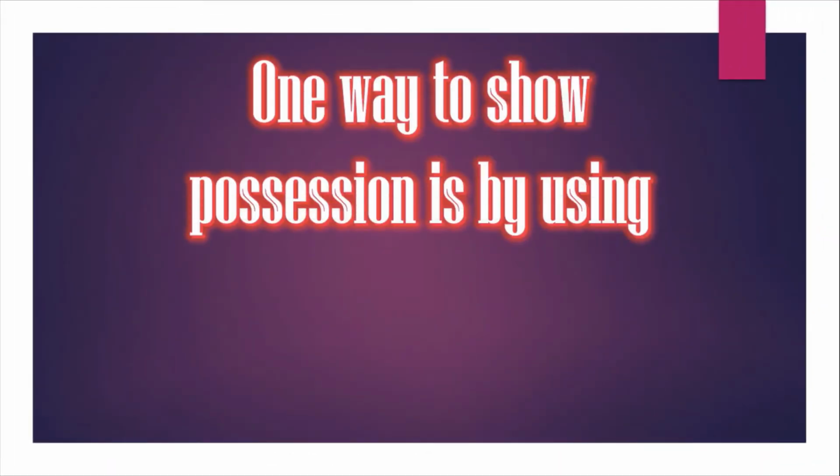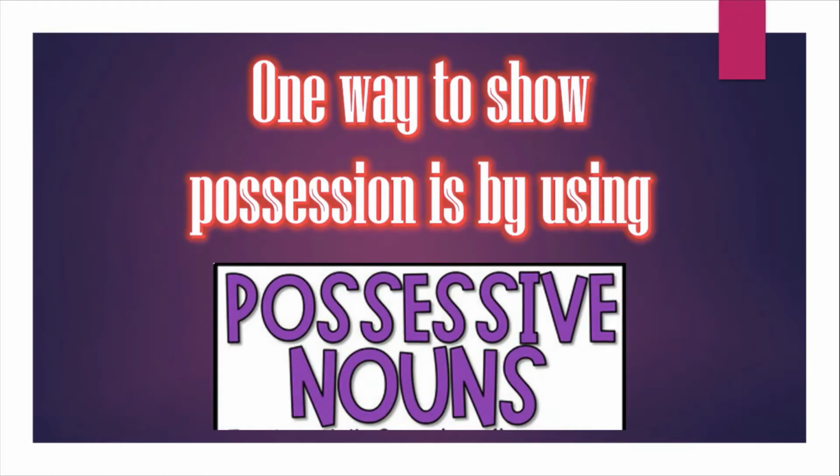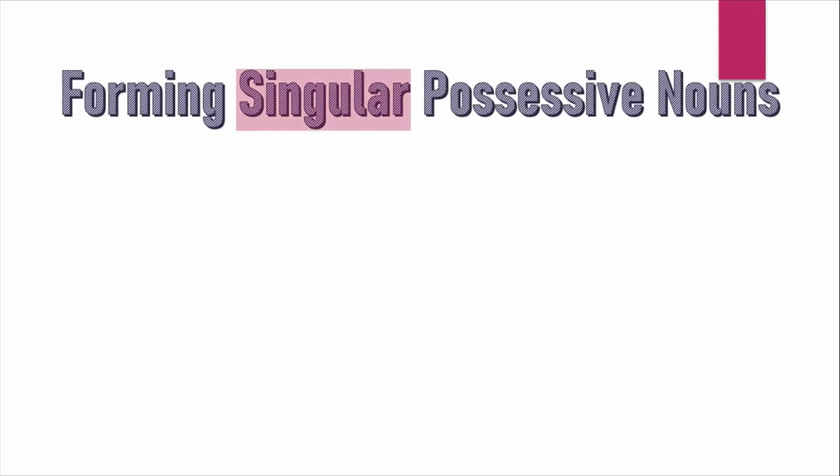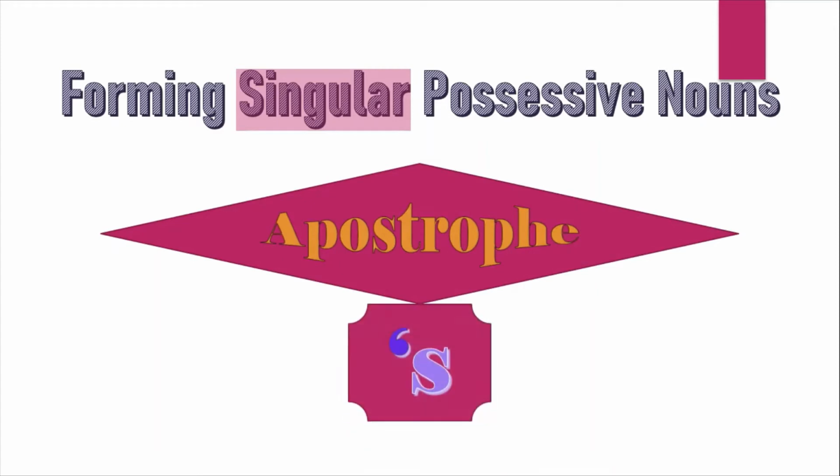So one way to show possession is by using possessive nouns. That's what we're doing right now, right? Now, there are different types of nouns. We have singular nouns and we have plural nouns. So right now, we are going to review forming singular possessive nouns.